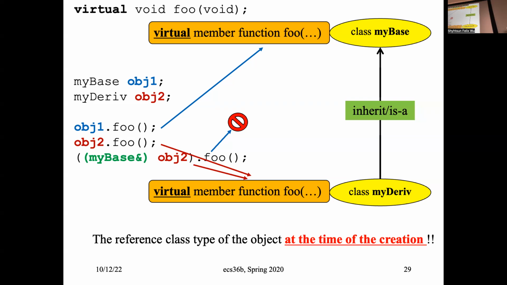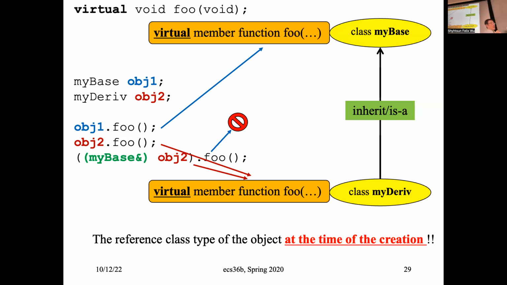Cast or not cast is just saying it's not going to affect the result, but it's not the root cause of the result either. The root cause, very important, is what the type is at the time you create this object.